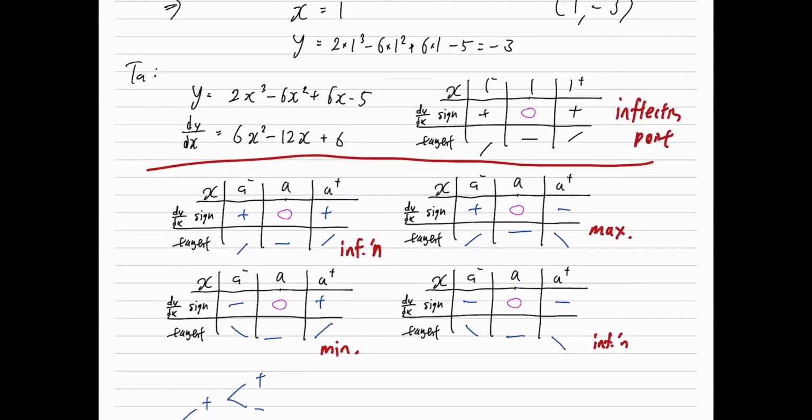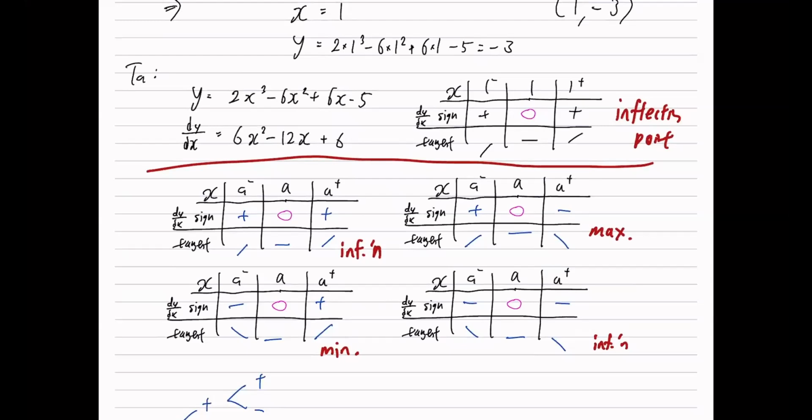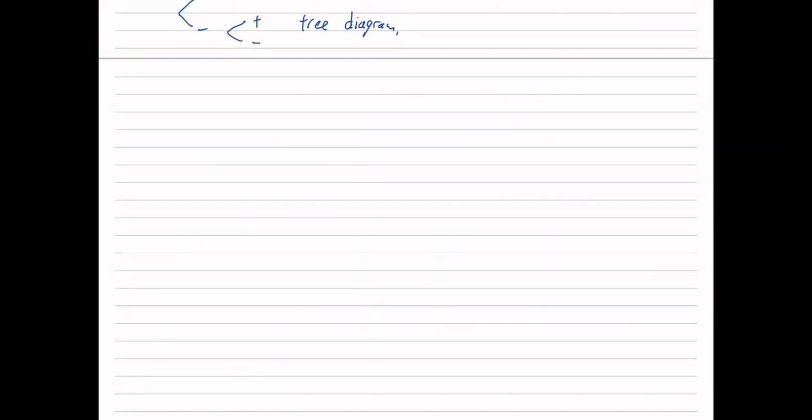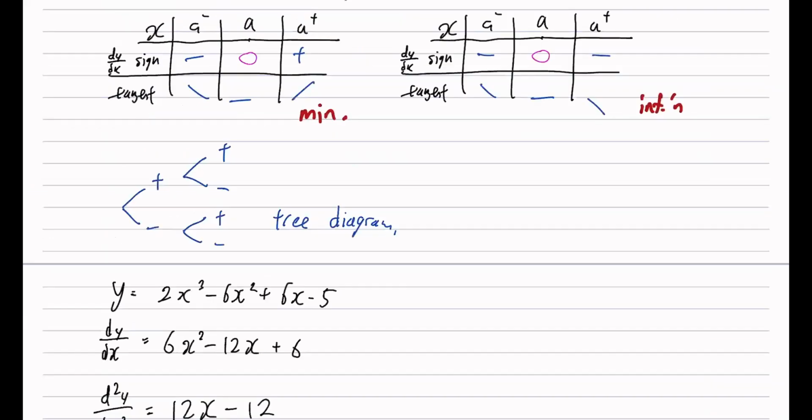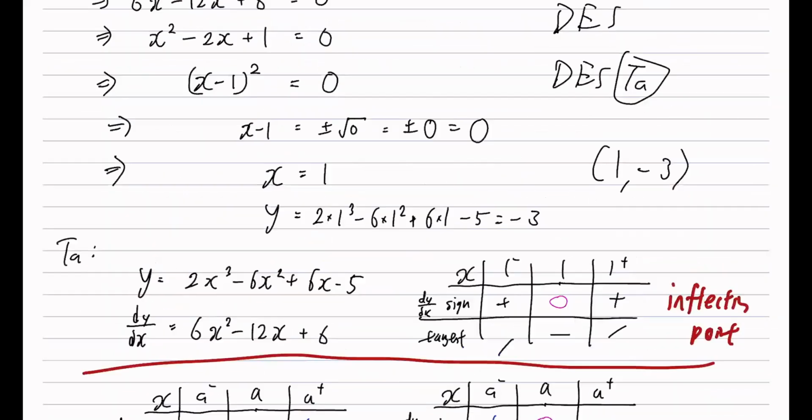Let me copy down the necessary information first. This is y equals, dy dx equals. We want to do what? Do second derivative test. So differentiate. You get 12x minus 12, right? The point was 1 comma negative 3.